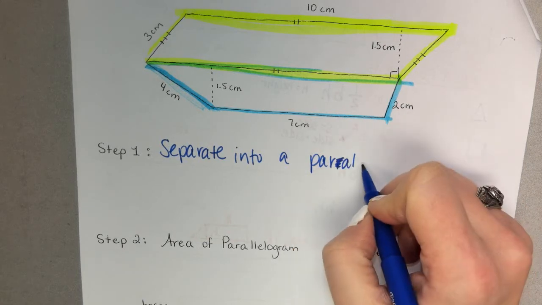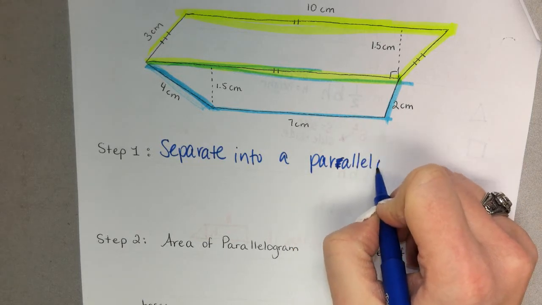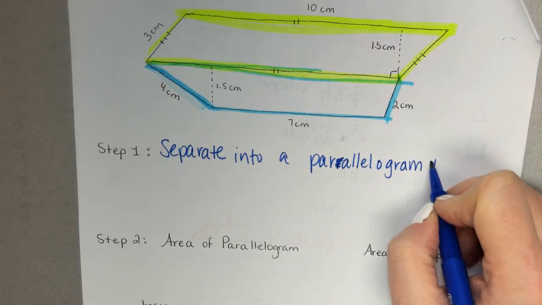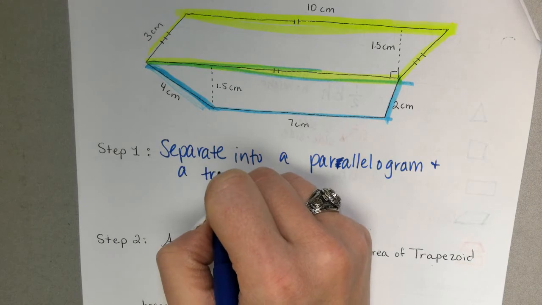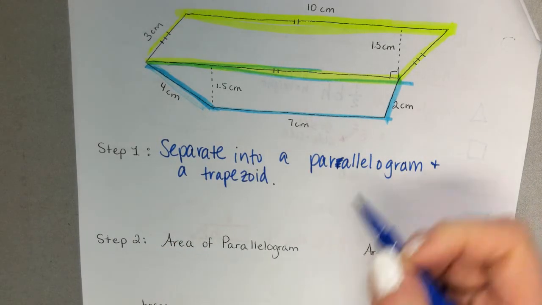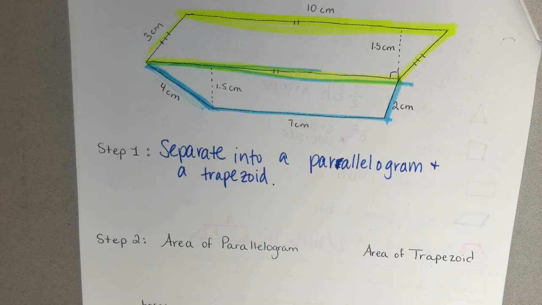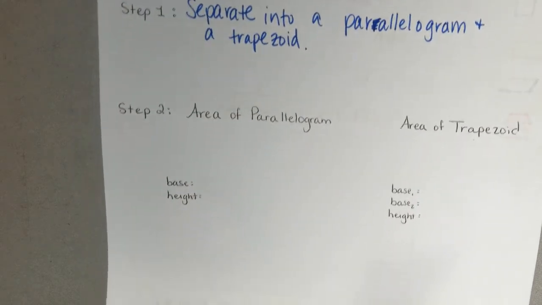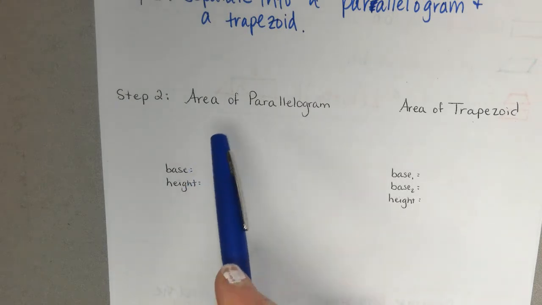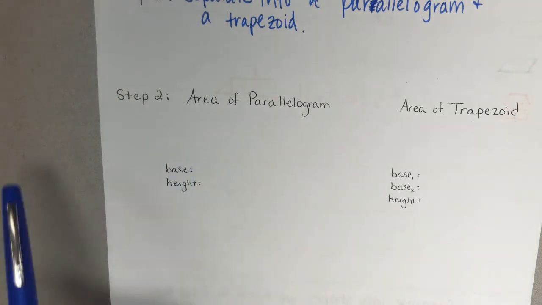Sorry, there's only one R. Parallelogram and a trapezoid. Those are the two shapes that make up that whole figure. Now we're going to break that down into separate steps. We're going to find the parallelogram first.